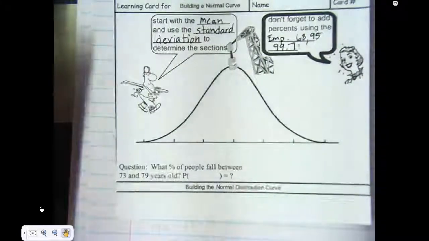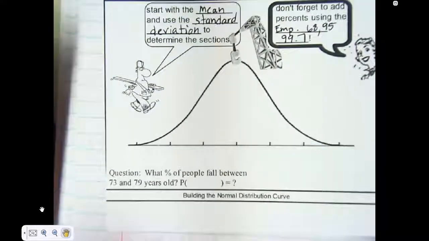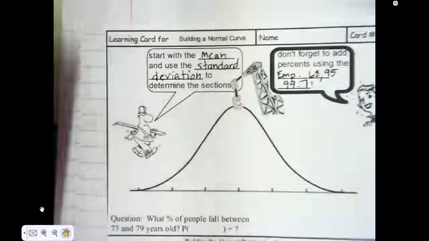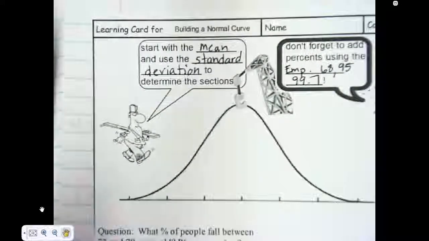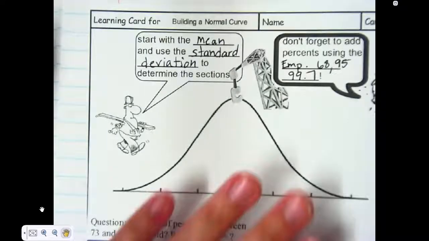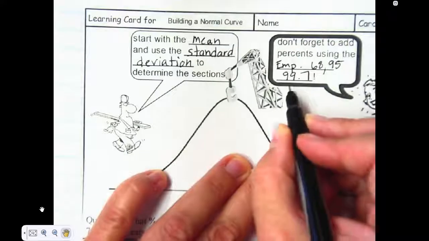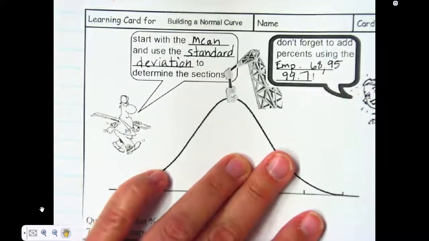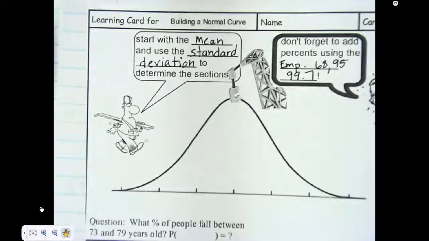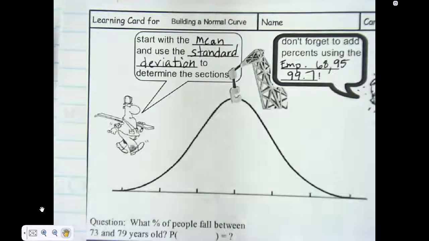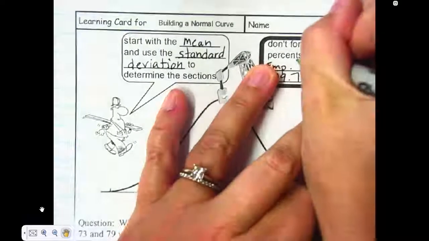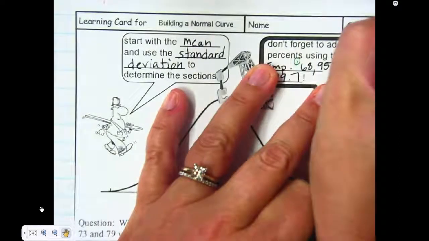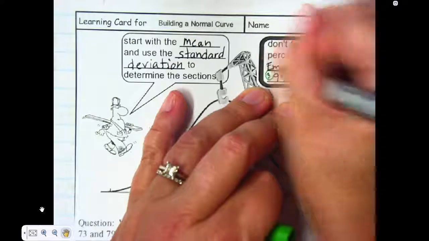First, within one standard deviation of the mean, that's going to be 68%. Within 2 standard deviations of the mean, 95, and within 3 standard deviations of the mean is 99.7. So maybe you want to make yourself a little note there. This is 1, this is 2 standard deviations, and then this is 3.